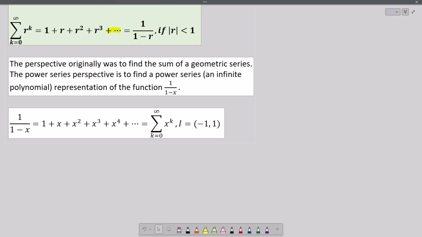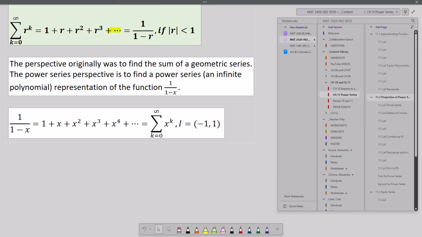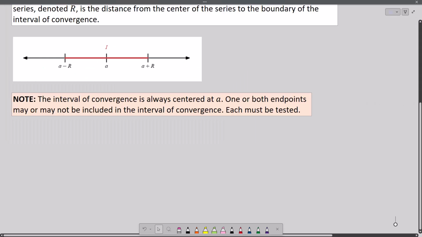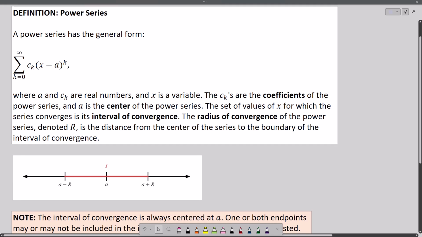In the context of power series, we're going to call this the interval of convergence instead of the domain, but it means the same thing. Domain means the set of x's for which the function is defined. That's what it means here. For a power series to be defined, it means that it converges. And if it diverges, that's not that useful to us. So that's our new perspective: starting with a function, building a never-ending polynomial.